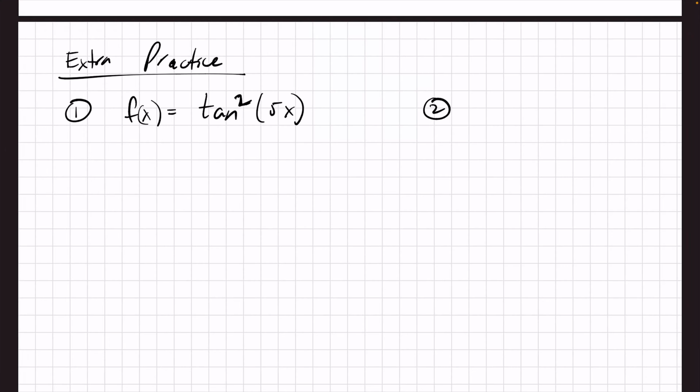And then one more. Let's make it a good one. F of x equals the 4th root of 9 minus x squared. 4th root, that's crazy. There you go.